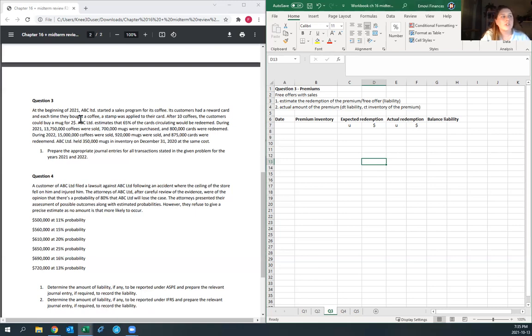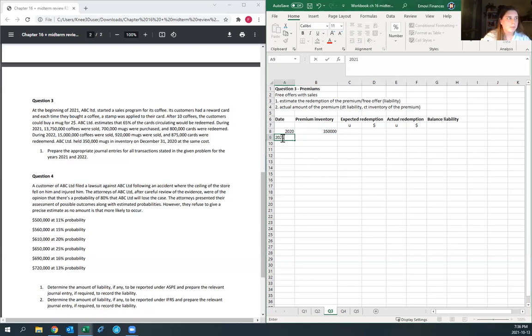So I'm going to first put them in my little tables here. Chronologically, the first is 2020. We know that the premium inventory, which is the mugs, was 350,000. That's the only information we have for 2020.